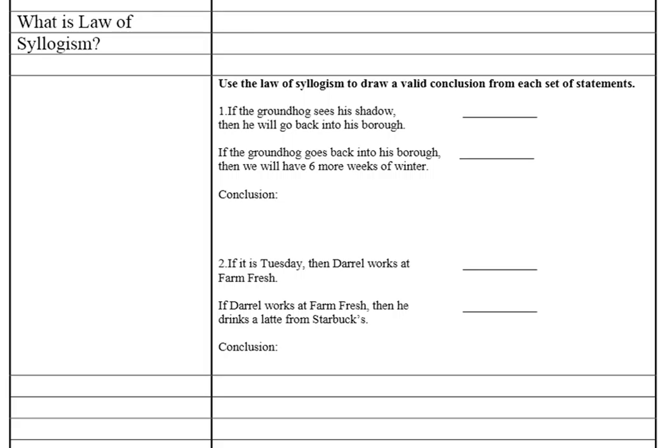The law of syllogism is if you're given the conditional statement P then Q, if that's true, and then they give you Q again with some new thought or idea, which we'll just call R, and that's true, then our conclusion is that the Q's essentially drop out.